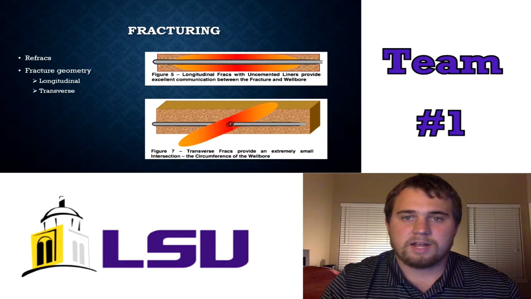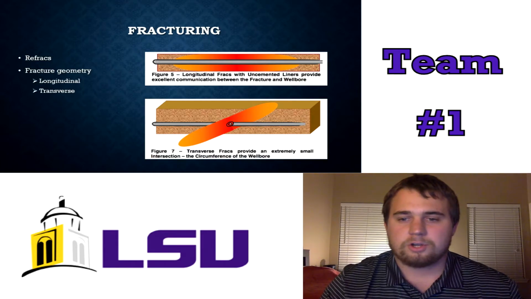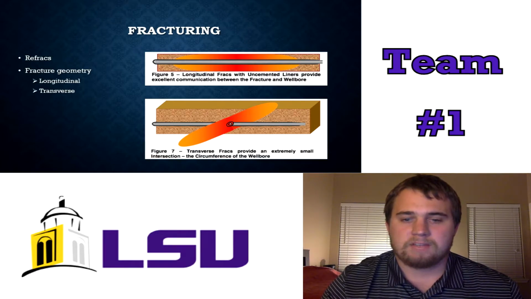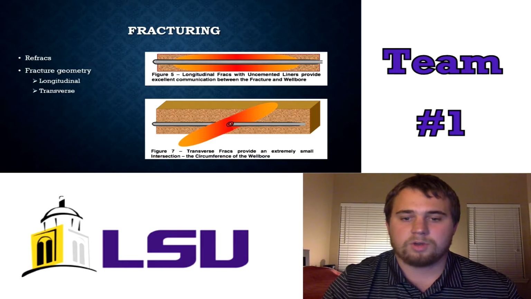Transverse fracs, on the other hand, cover a much smaller portion of the reservoir and act as a choke point for reservoir fluids as they enter the wellbore. Transverse fracs are much more common and they require much more stimulation. This is why with new refracking designs, we typically see more clusters and stages closer together to allow the fluids to have more of a pathway close to the wellbore.